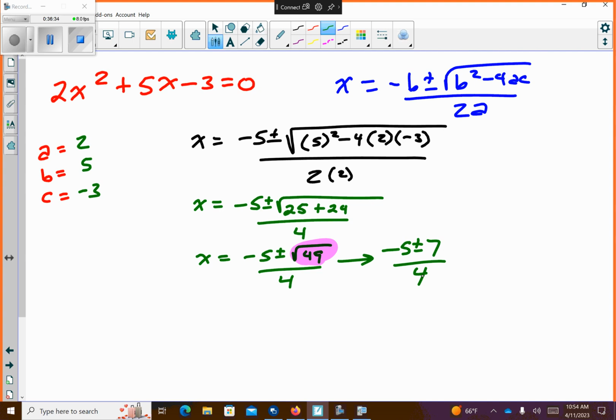How many answers is this going to result in? 2. So I'm just going to split this up. I have negative 5 plus 7 over 4, which gives me 2 over 4, and 2 over 4 reduces to 1 over 2. And then I'm going to do this one, negative 5 minus 7 over 4. That gives me negative 12 over 4, which is just negative 3.